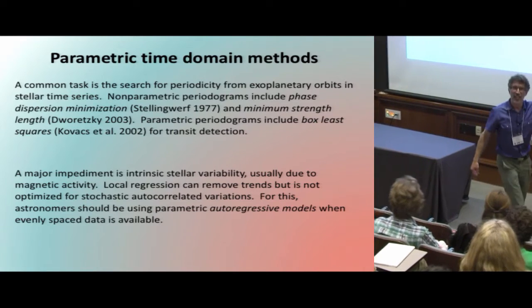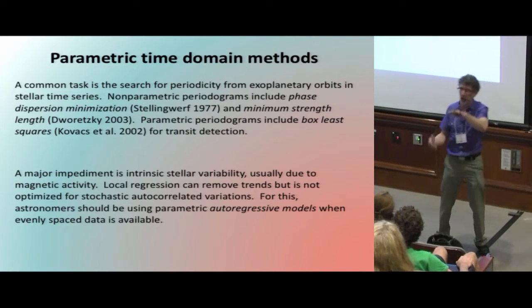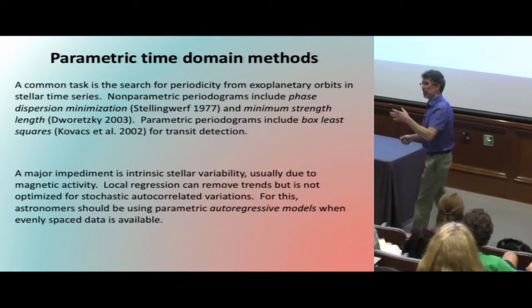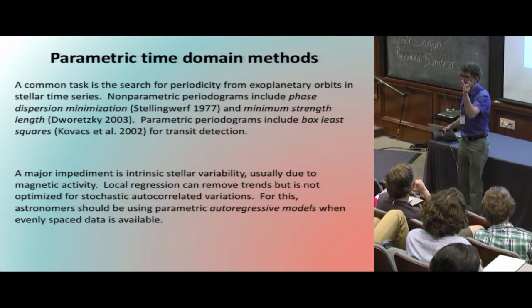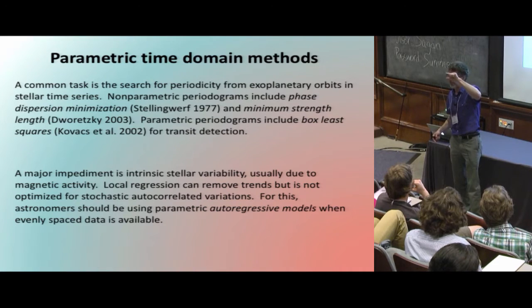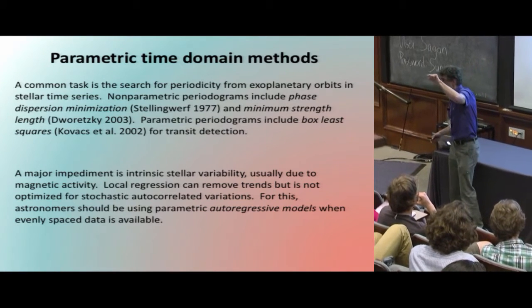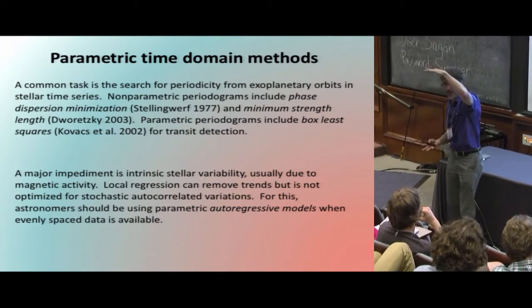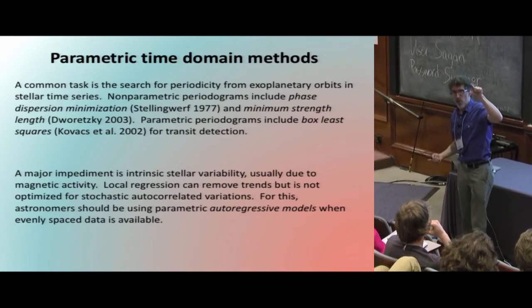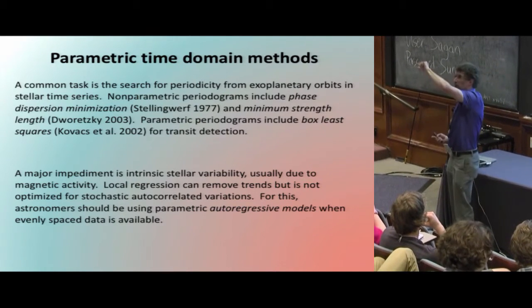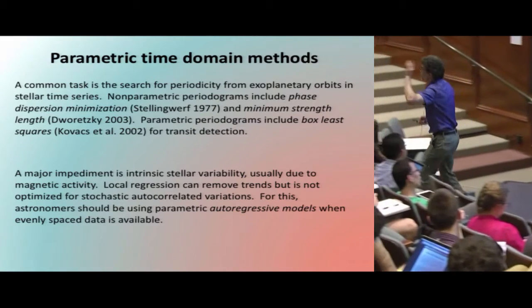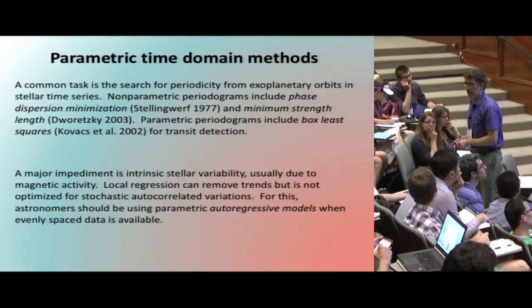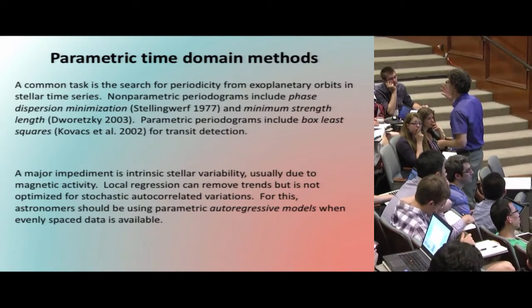This is like a standard thing where you just fold the light curve with different trial periods, and then you bin it into maybe 10 bins, and you compare the sum of the intra-bin variances with the inter-bin variances. When the data closely follow the broad shape, then there's a dip in the PDM periodogram, and you see a signal, and it's a period.